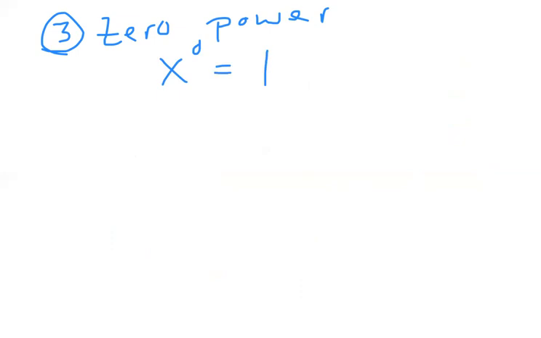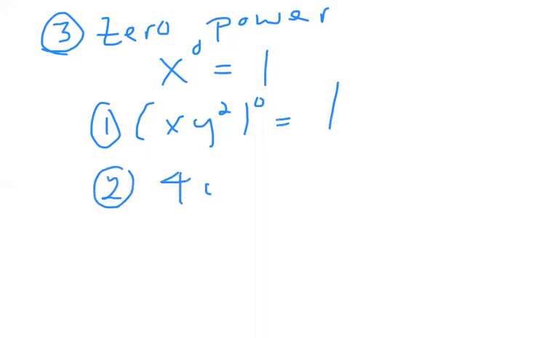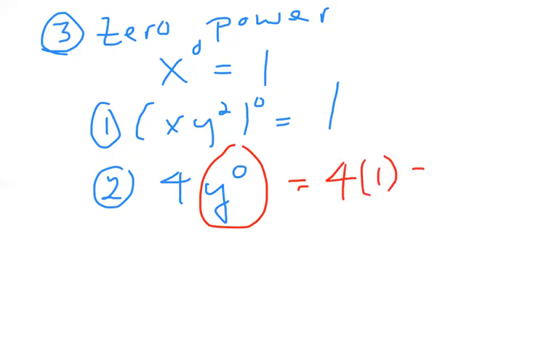So, for example, if you were to have xy squared to the 0 power, notice it's enclosed inside a set of parentheses, it's being raised to the 0 power, that would be equivalent to 1. However, if you were to have 4 times y to the 0 power, in this case, only the y is being raised to the 0 power, so you would keep the 4 and the y to the 0 would become 1, so the answer for this would be 4. Be careful with that.